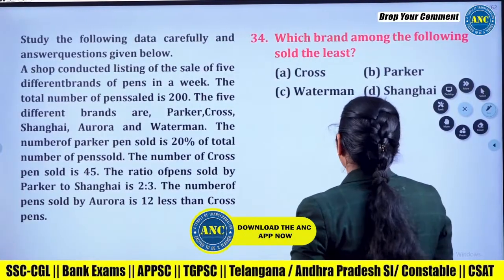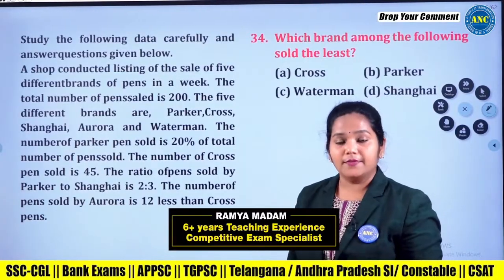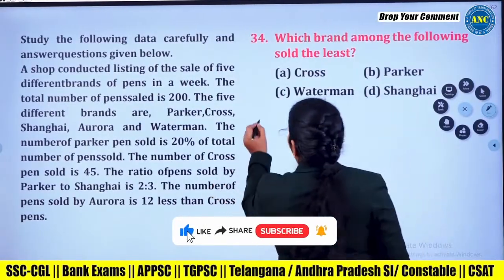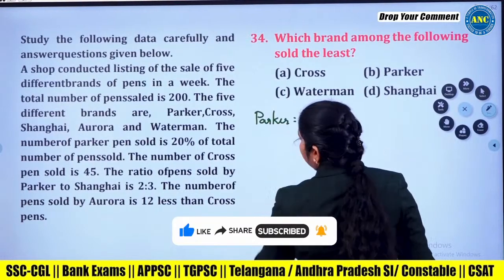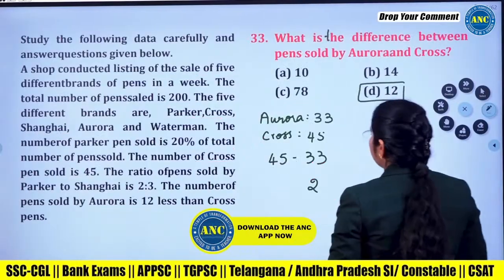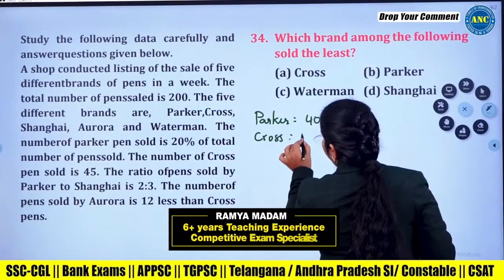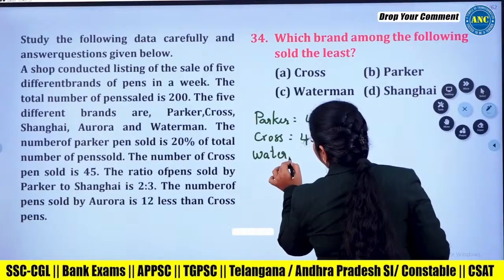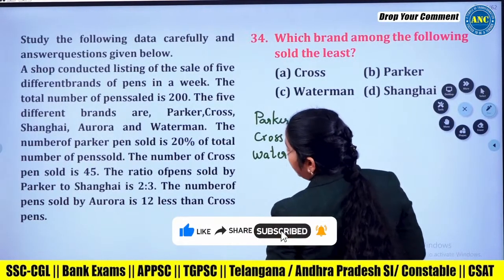Question number 34. Which brand among the following sold the least? See, Parker pens are 40. Cross pens, 45. Waterman pens, 22.